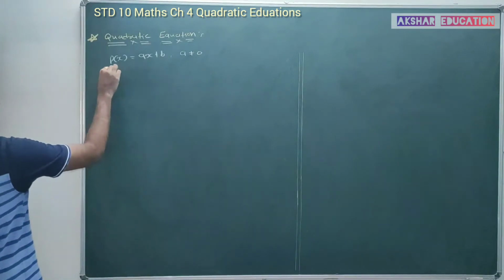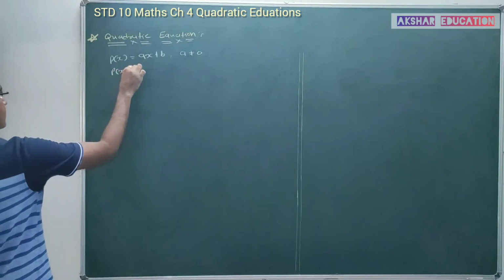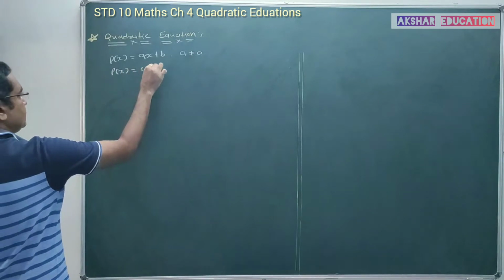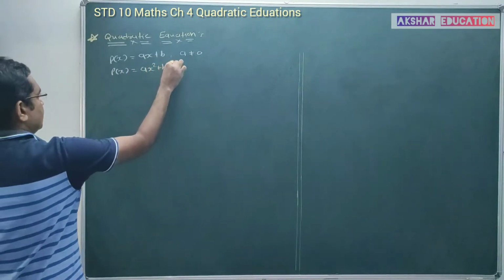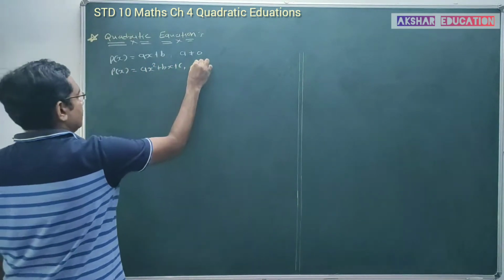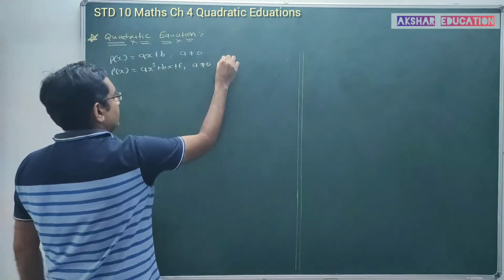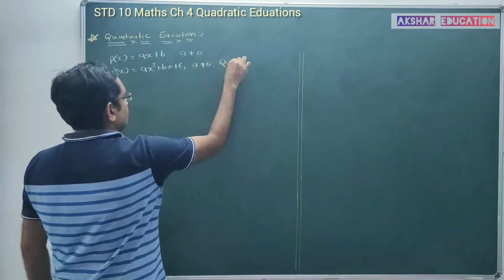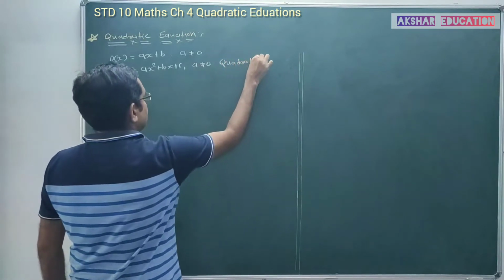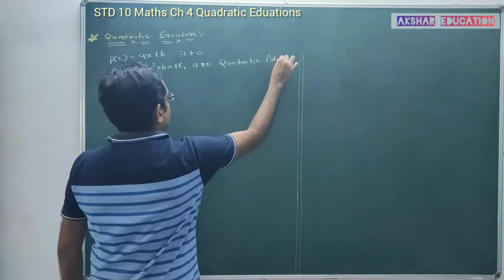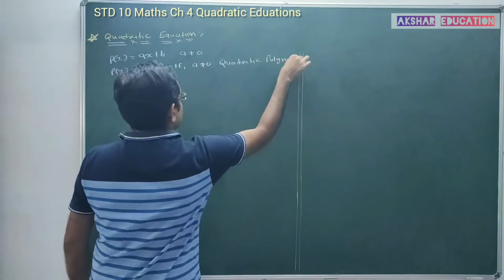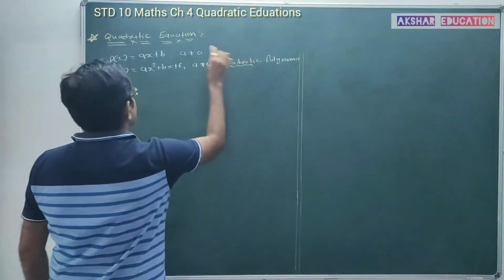We have also discussed one quadratic polynomial p of x, which is of the form ax square plus bx plus c, where a is not equal to 0. The name of this polynomial is quadratic polynomial. The word quadratic is there.